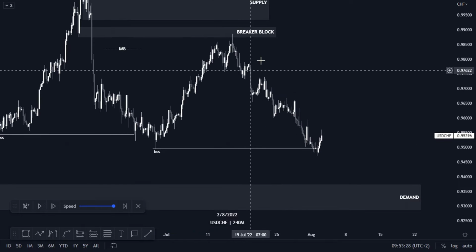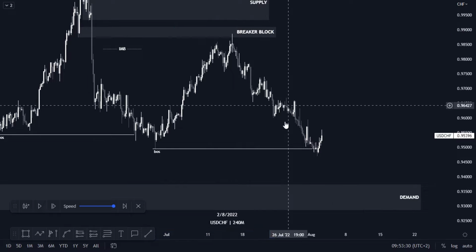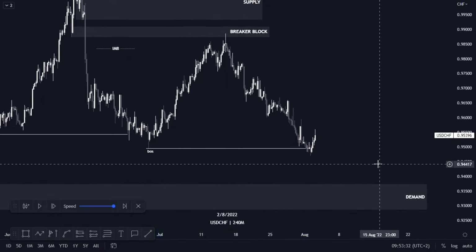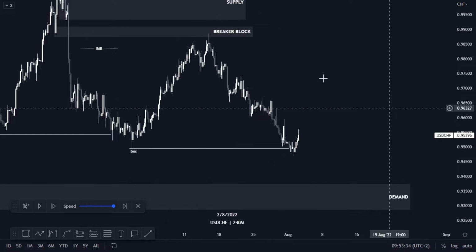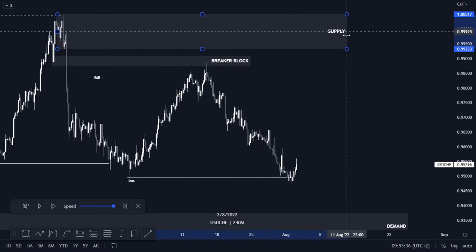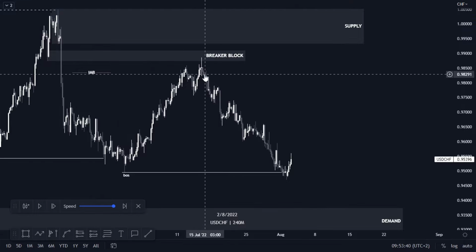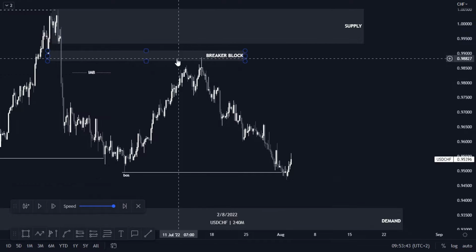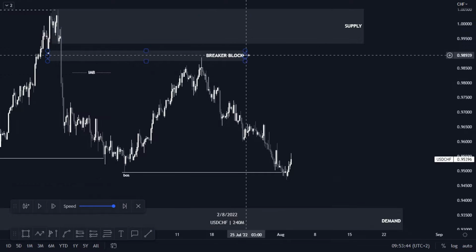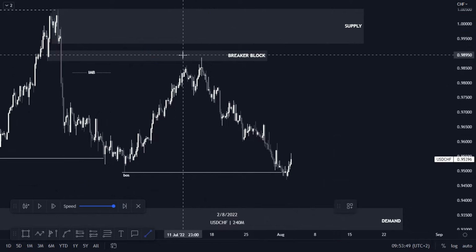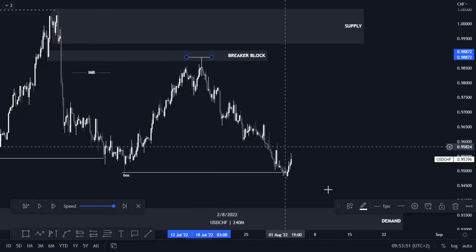Now initially we will wait and see what the market gives us, mind you, if this supply is still valid. Let me tell you what the breaker block does: the breaker block creates inducement. This here is liquidity inducement.